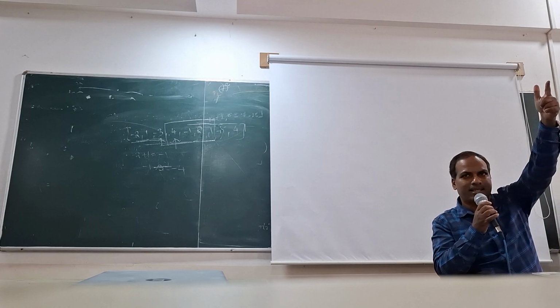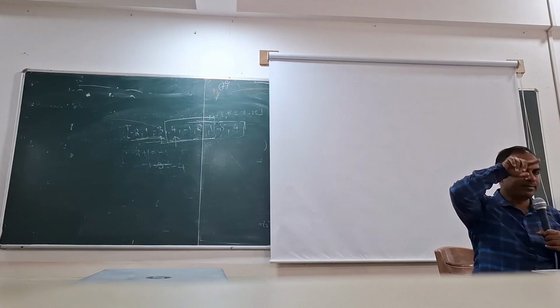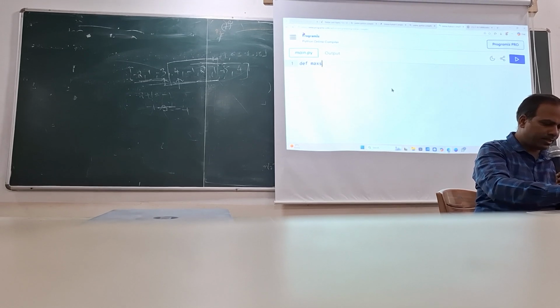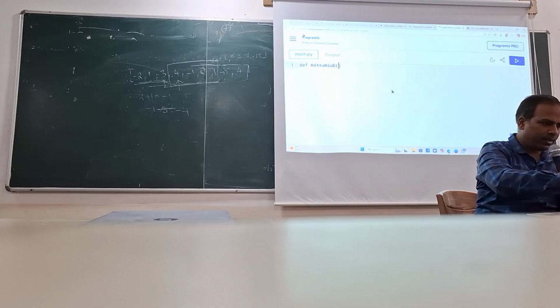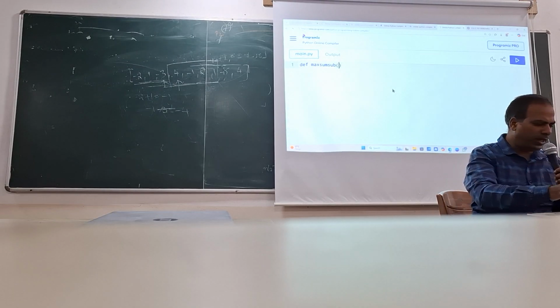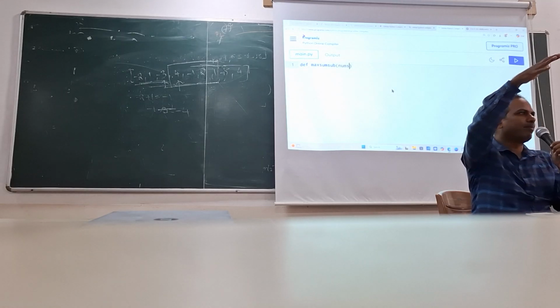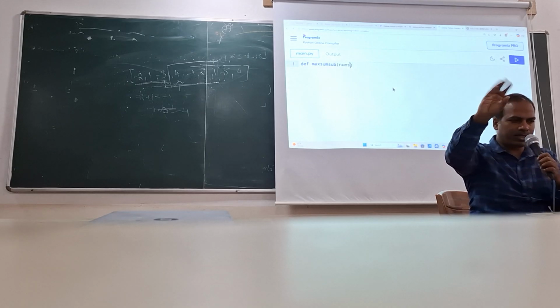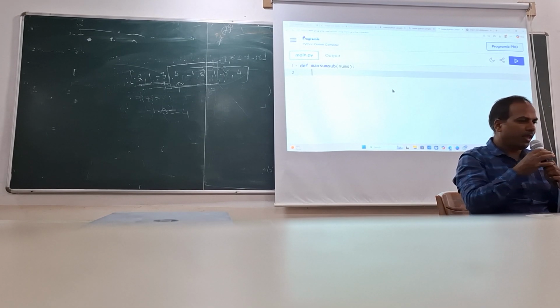Max sub: maximum sum of subarray. That's what I want to say. What does it take? It takes only the input nums. That's all, no other inputs. Am I right, everyone? Yes. No need of left, no need of right, just nums.